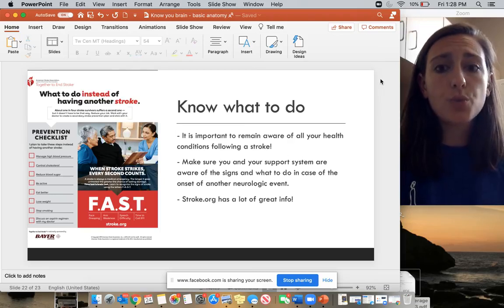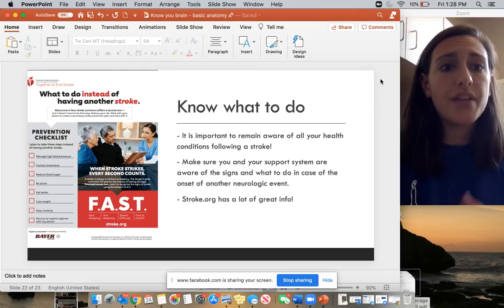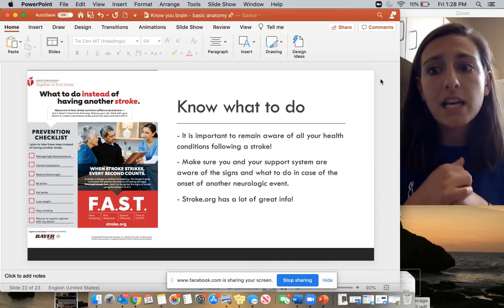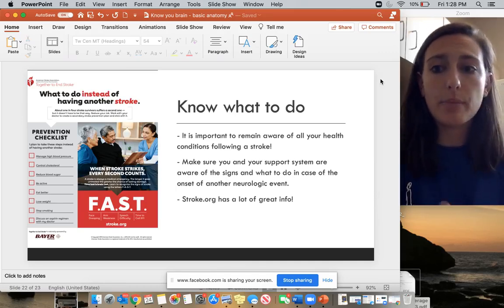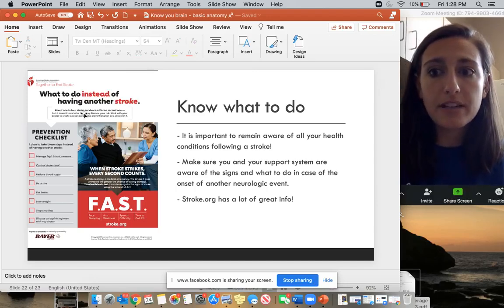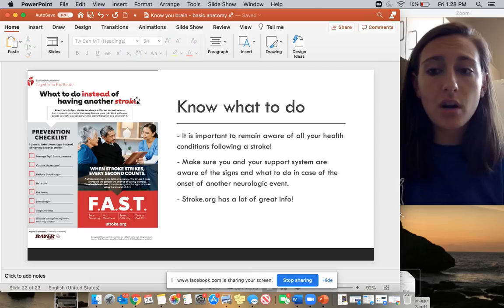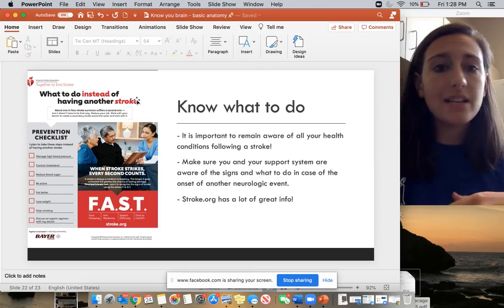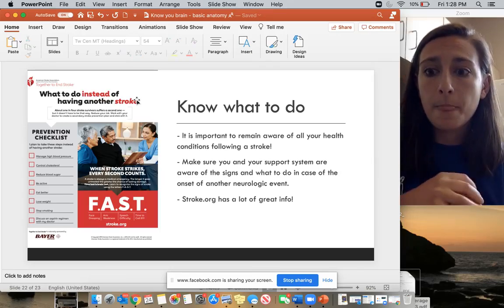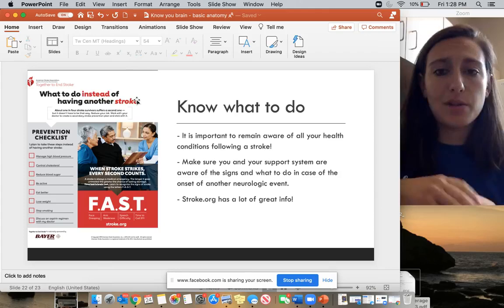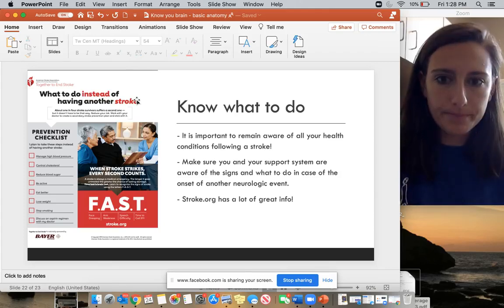So it's always really important to make sure that you are aware of all of your health conditions and are consulting with your primary care doctor and making sure that all of these things are managed. Over here, it has a prevention checklist, including managing high blood pressure or cholesterol, improving activity, eating better, and discussing certain preventative measures with your doctor.